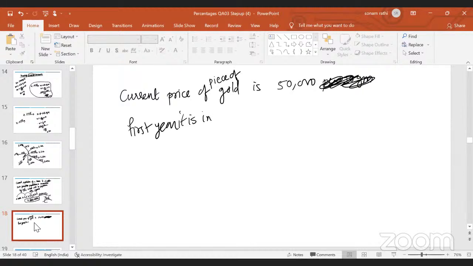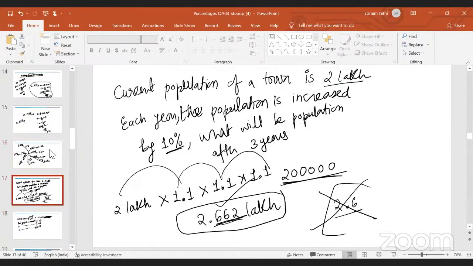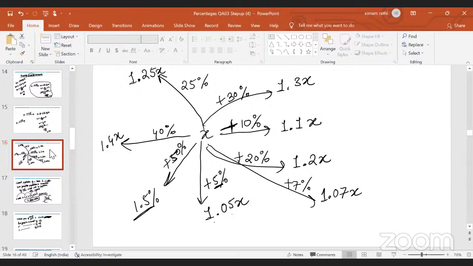First year it is increased by 5%. Second year it is increased by 10%. Third year it is increased by, let's say, 20%. Now try to do it. Go back to your chart. This increase, decrease chart, this is very important. Go back to this chart and based on this, solve this question.